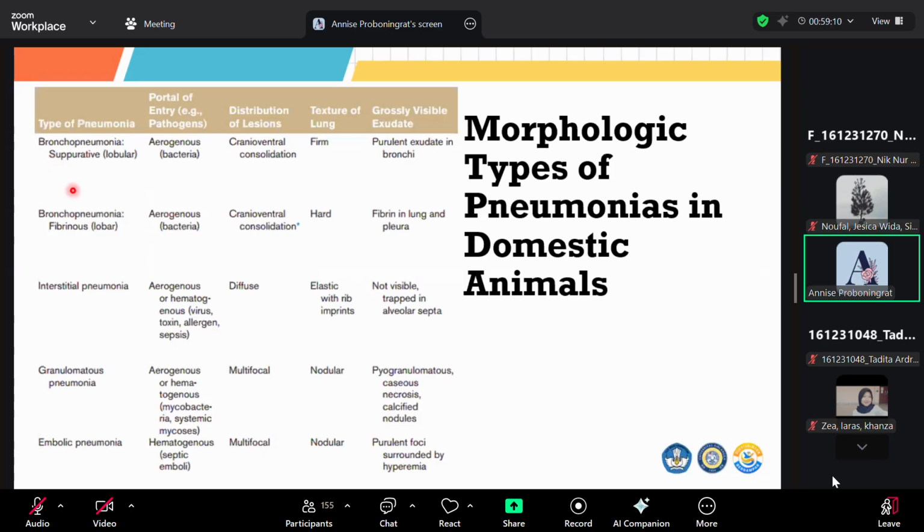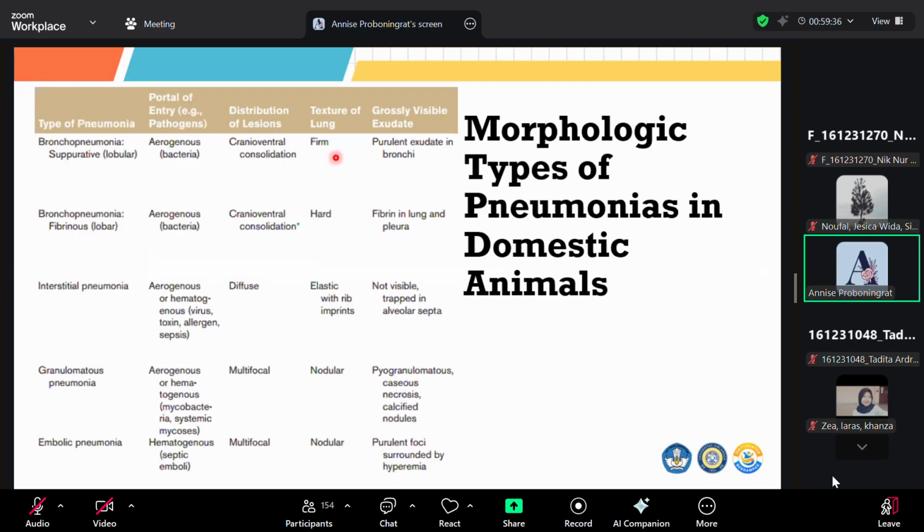For example, bronchopneumonia, or suppurative or lobular pneumonia, is usually caused by bacterial infection through aerogenous spread, and the distribution of the lesion is cranioventral consolidation.